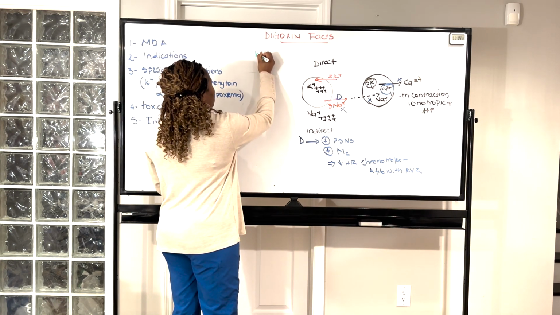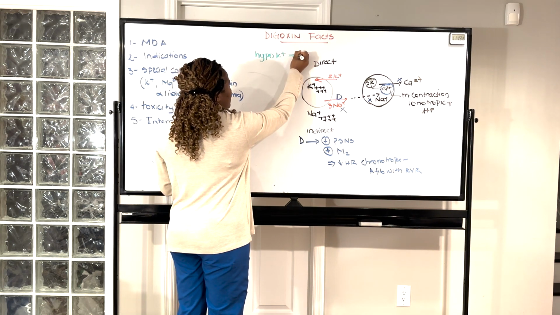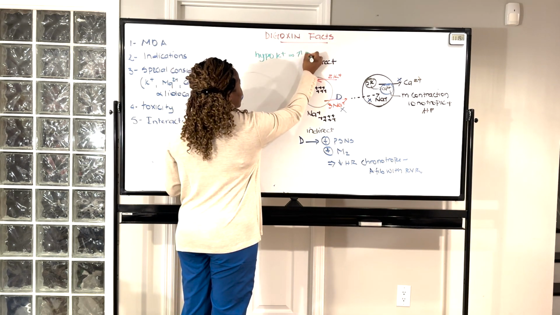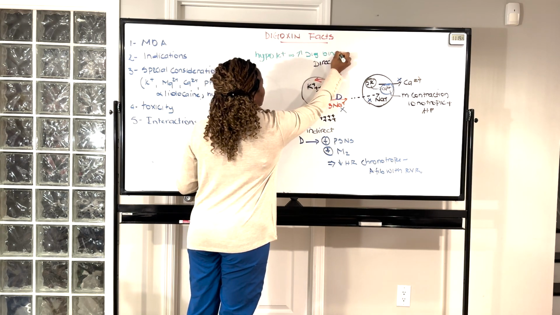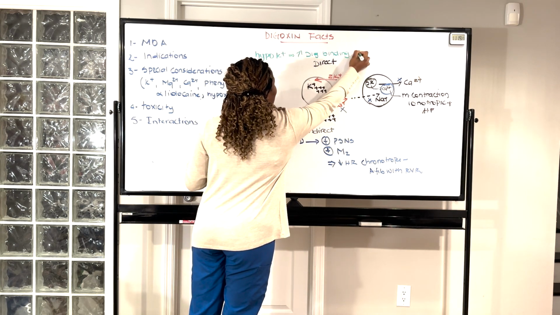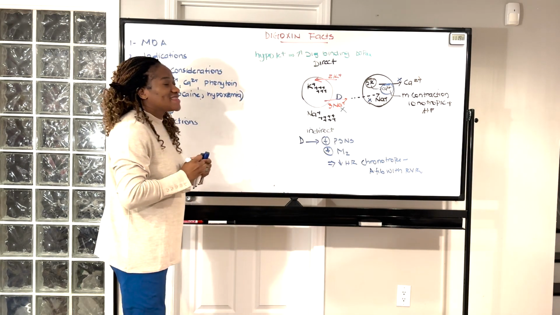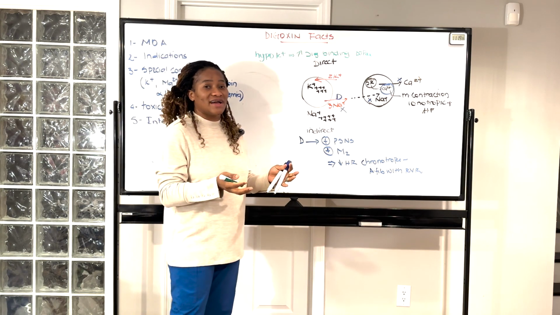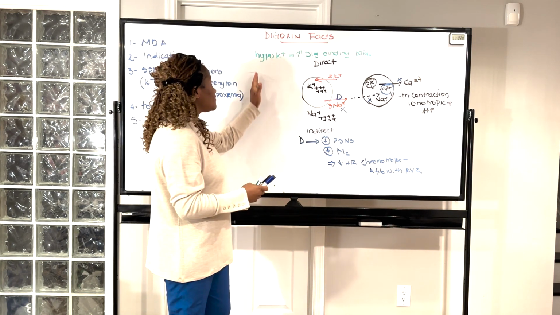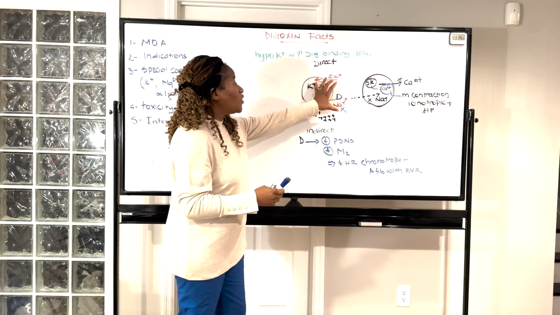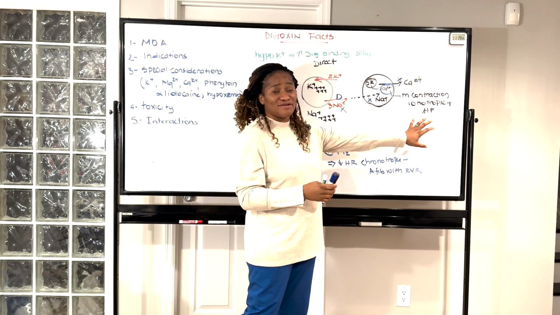So hypokalemia increases the effect of digoxin binding to the ATPase pump. So this is why we say hypokalemia increases the toxicity of digoxin, because if you have less potassium, more digoxin binds to this pump and more muscle contraction.